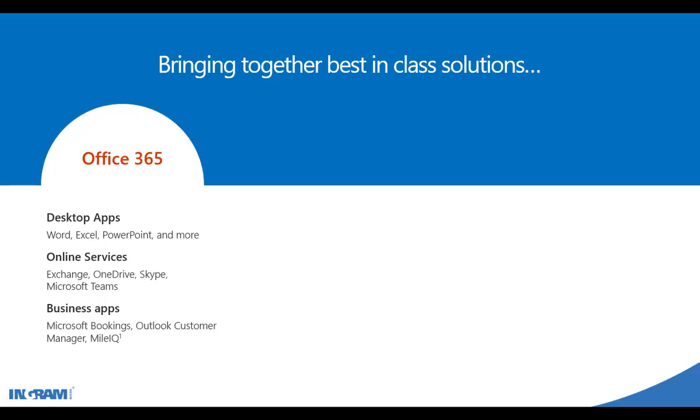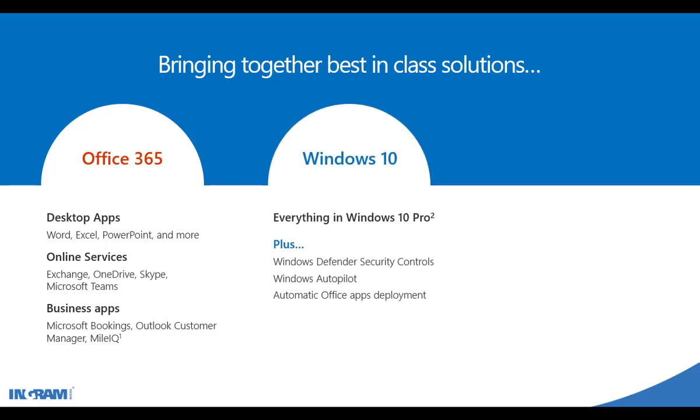But what it bundles together is that plus a Windows 10 environment. Microsoft 365 for Business includes a Windows 10 Pro upgrade for all machines that are suitable. So Windows 7 Pro and also Windows 8 and 8.1 Pro are able to get a direct upgrade to Windows 10 Pro.